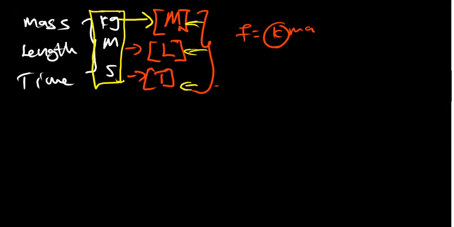The last one, which is very important, is that you can only get the dimensions of the particular equation one part at a time. For example, take distance is equal to ut plus half at squared.